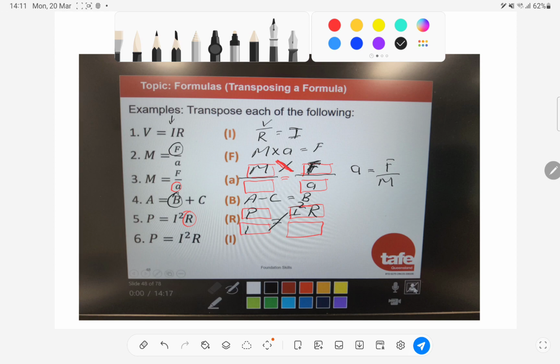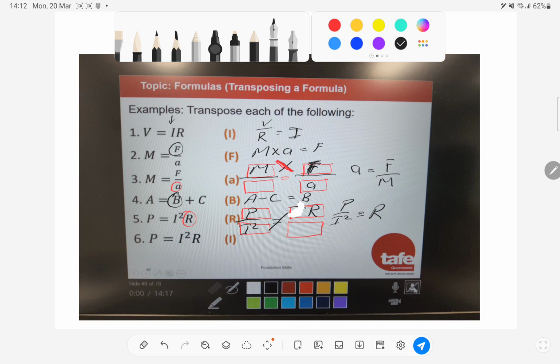So I'm going to go P equals, or P divided by I squared, and then I can get rid of that. There you go. So my answer this time will be P divided by I squared equals R. That's the quadrant method.